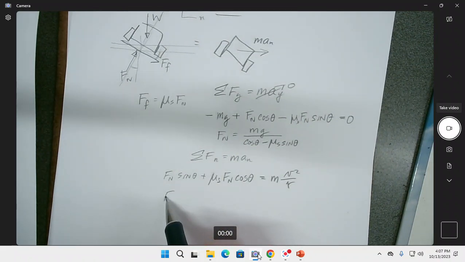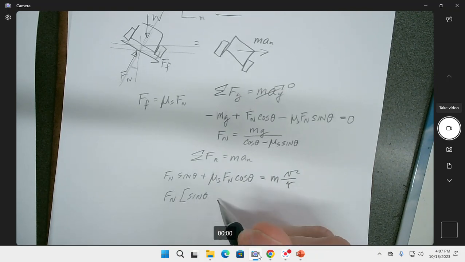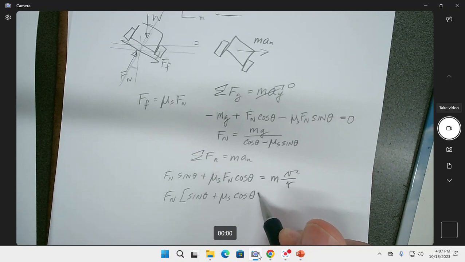So let me rewrite this quickly. Fn times sine theta plus mu s cosine theta equal to mv squared over r.